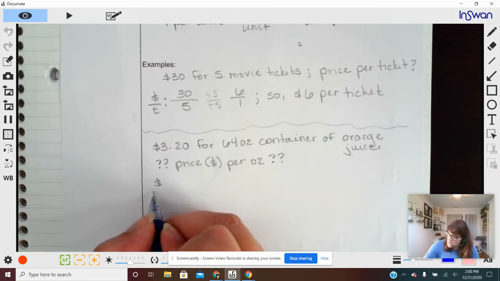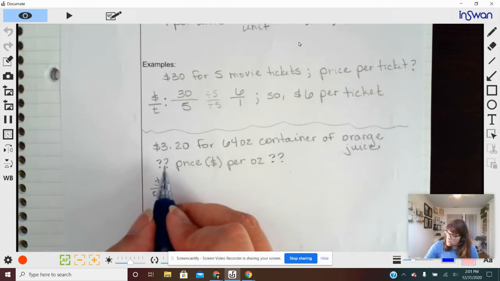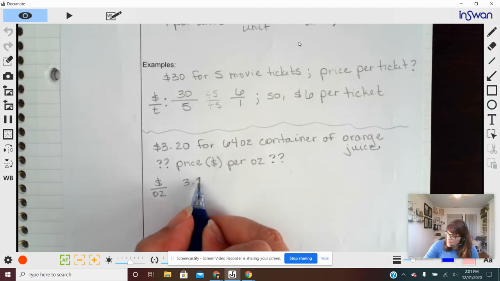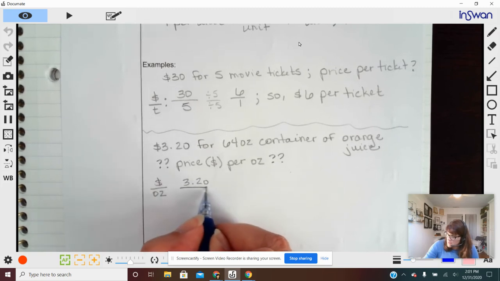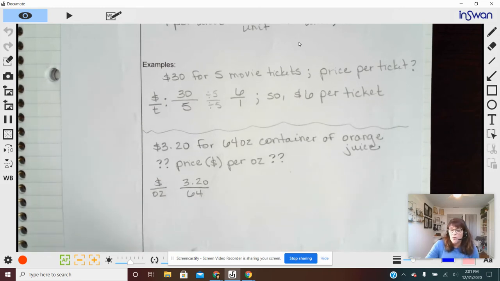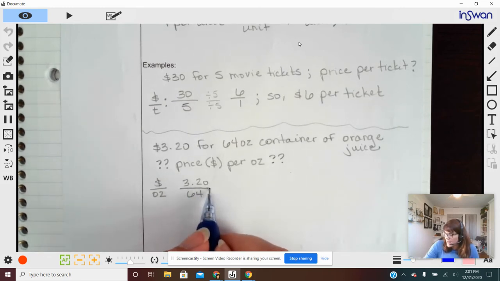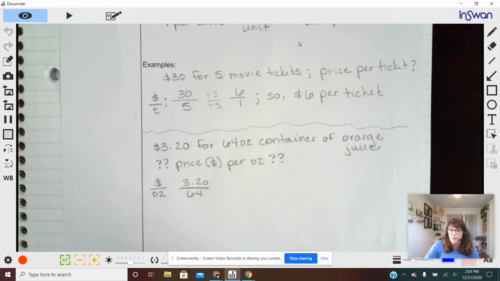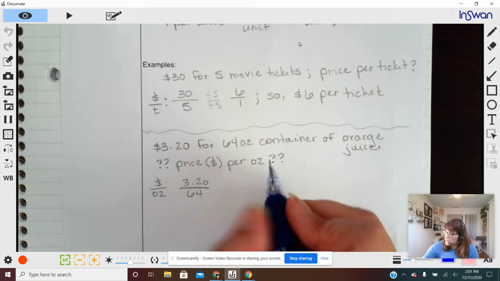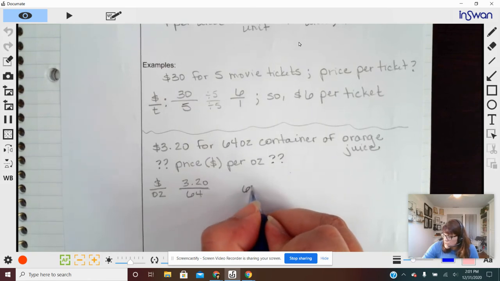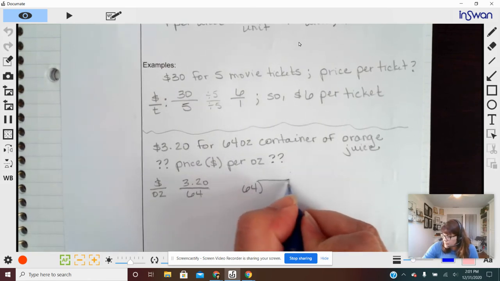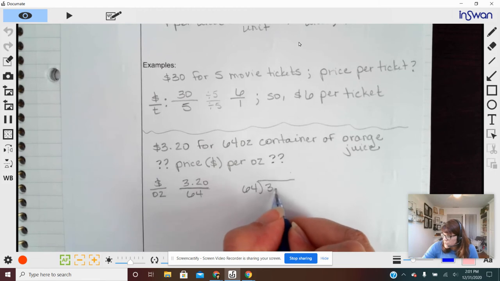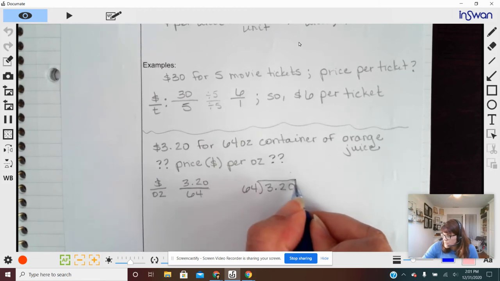So price per ounce, well, that's $3.20 per 64, or divided by 64. I don't want to deal with this thing as a fraction, so I can literally just turn it into a division problem. And if we do too many of these, I promise we'll bust out some calculators.